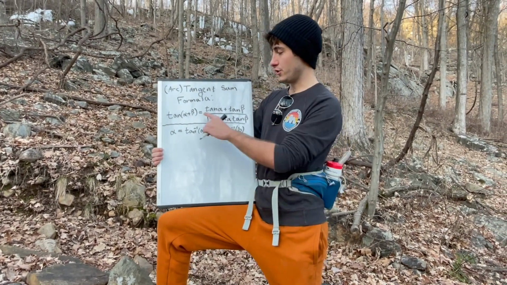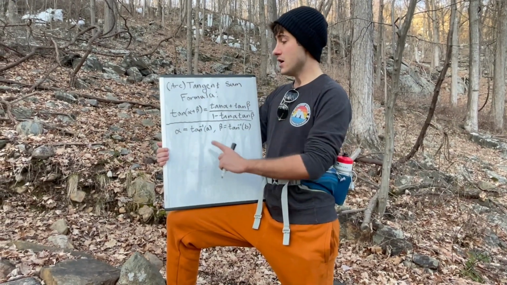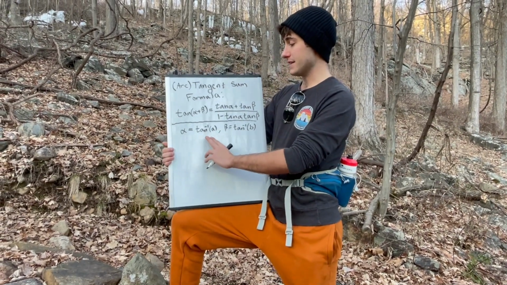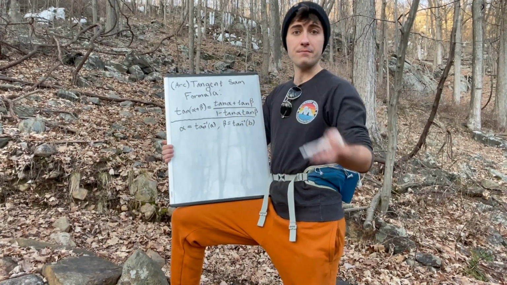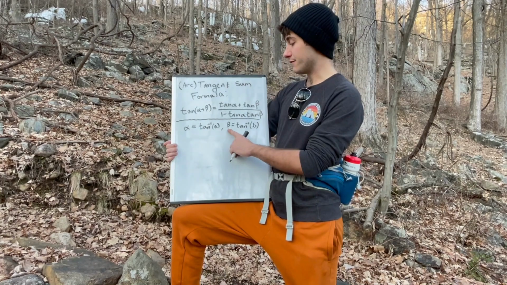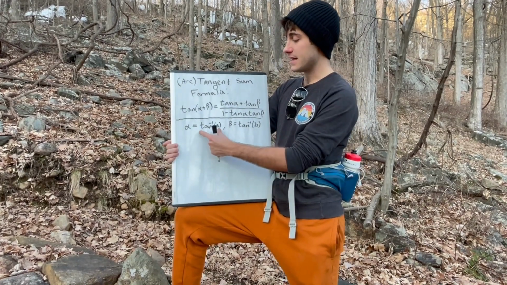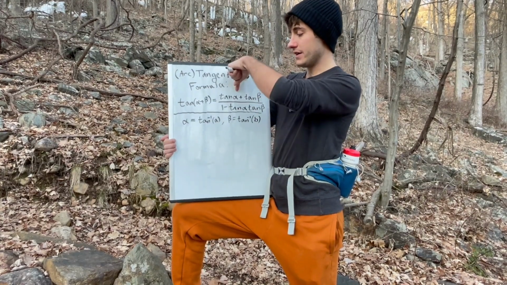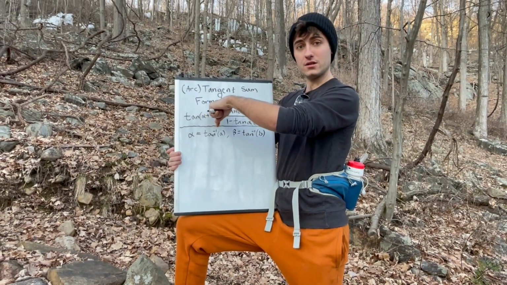But first we need to do a little bit of a replacement in here and a little bit of a change. So first what we're going to do is replace every angle alpha with the inverse tangent of some number a, and replace every angle beta with the inverse tangent of some number b. So if we take this inverse tangent of a and plug it in for alpha, we're going to have the tangent of the inverse tangent of a.